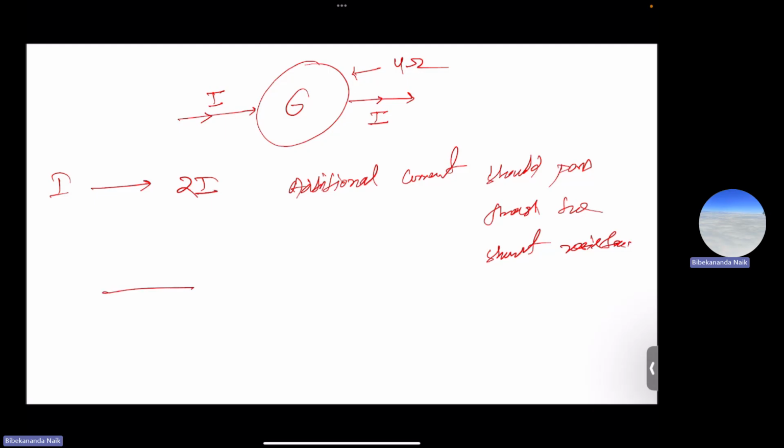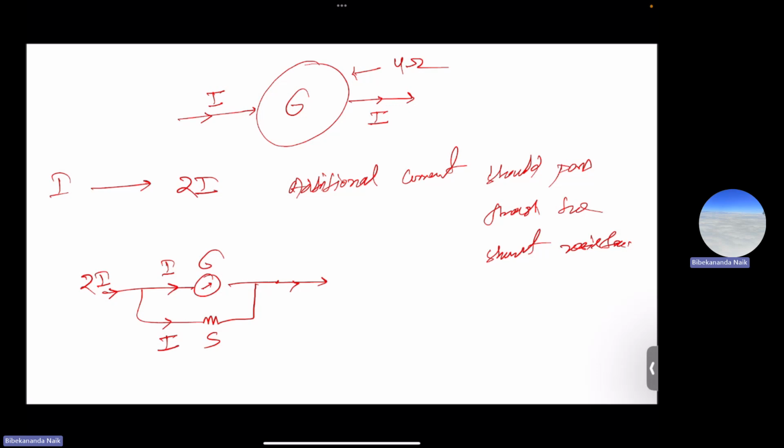So this is the galvanometer, then there is an additional shunt resistance, and the current is 2I. As always, I passes through G and another I passes through the shunt resistance S.